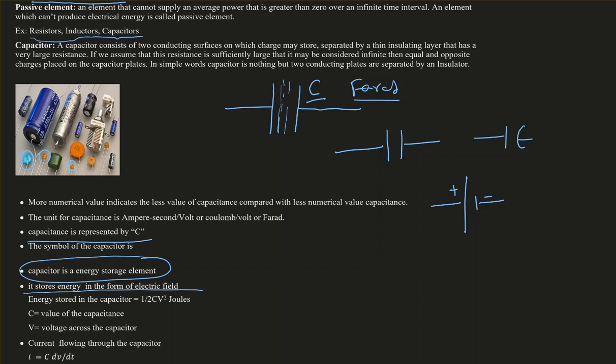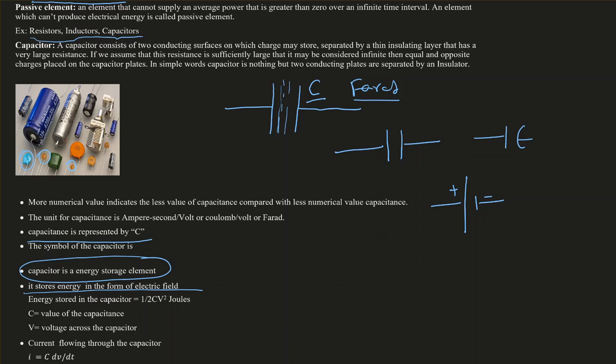Now, the battery also stores energy, right? So can I replace a battery with a capacitor? No. The reason is the capacitor discharges all its energy in a quick moment, whereas a battery is controlled; it disperses its energy in a controlled way.